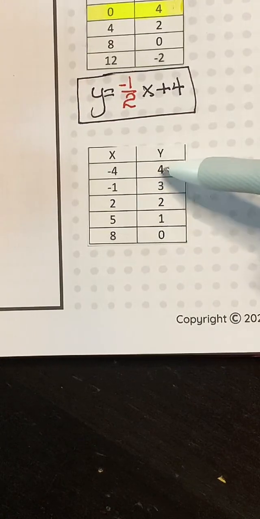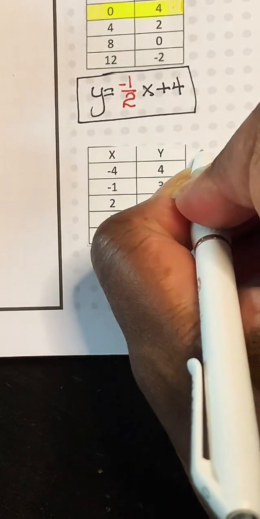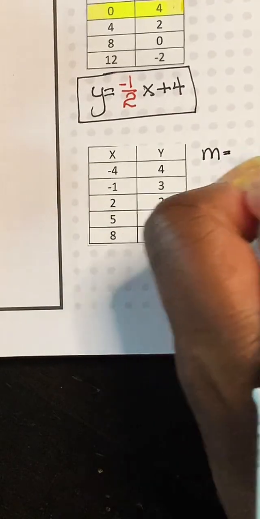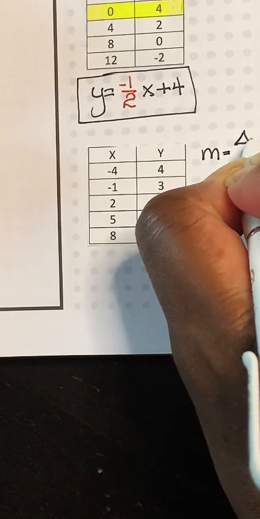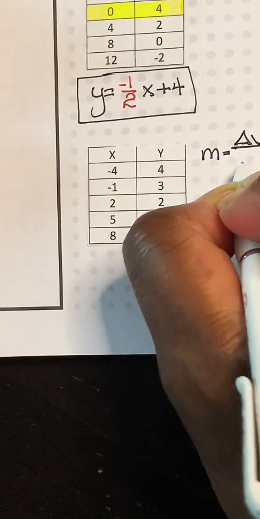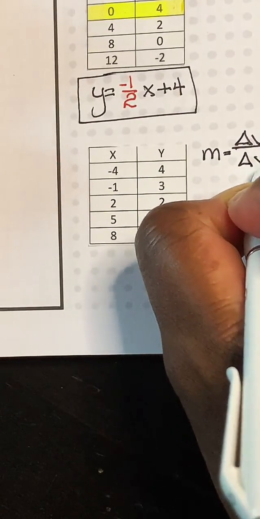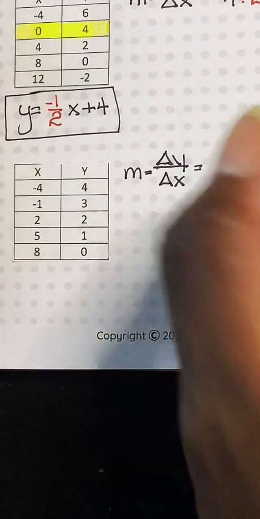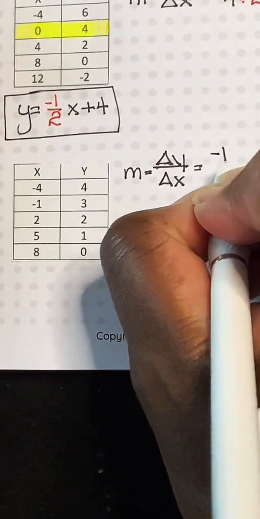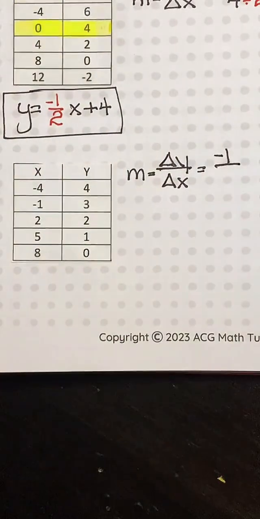All right? So that's the pattern of my y's. Now, the way that we find slope, it is the pattern of your y's over the pattern of your x's. So we know that the pattern of my y's is -1. Okay? So that's half the battle.